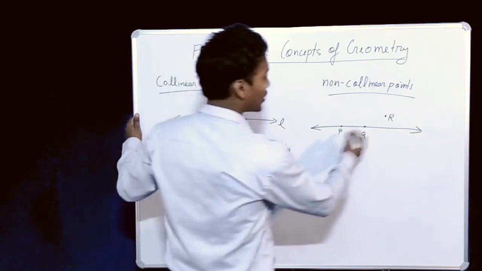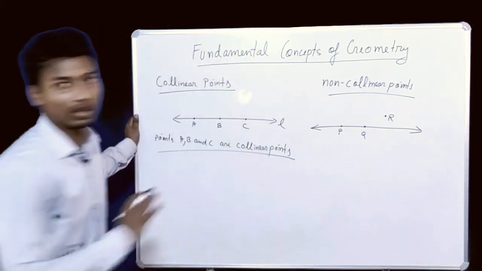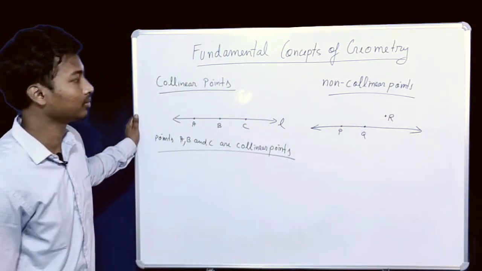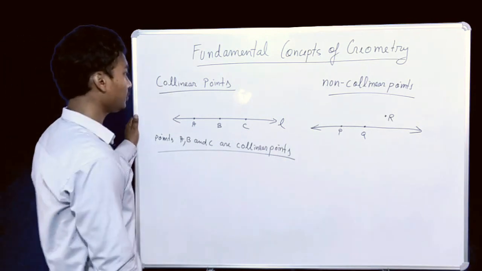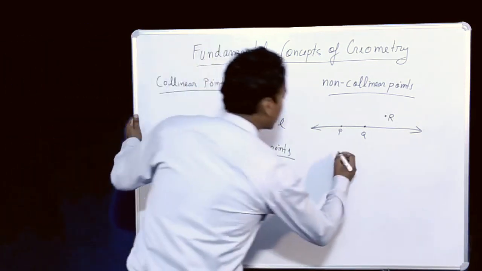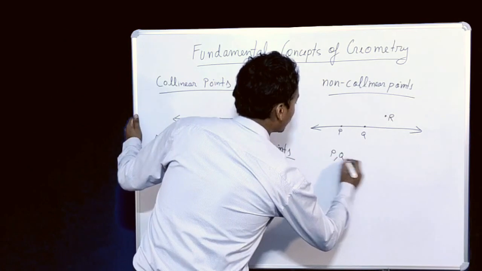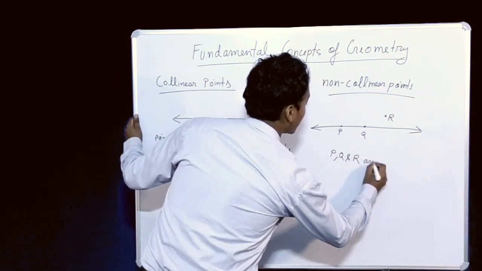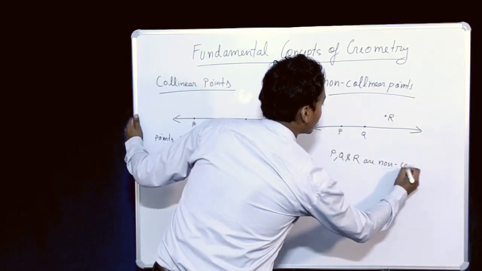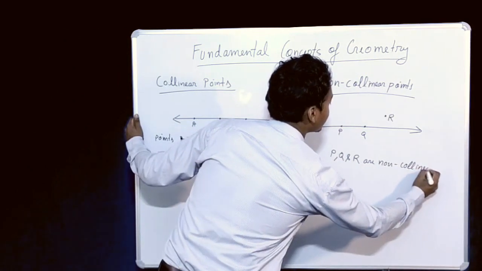So here points P, Q and R are non-collinear. Okay?